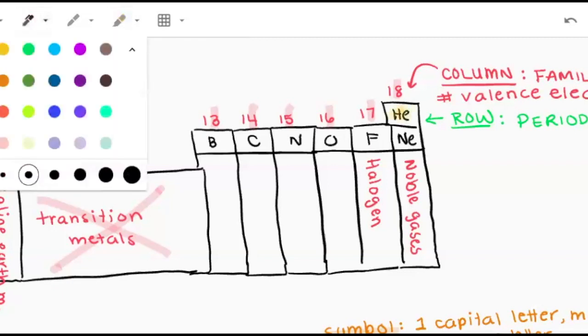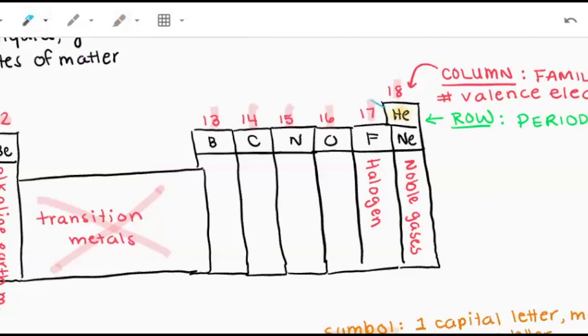Helium will have 2 valence electrons, not 8. Okay, so the second number of the 10s there is what coincides to the number of valence electrons.